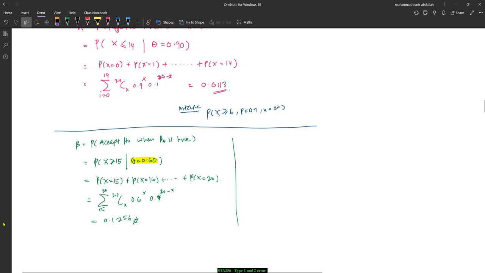Right, if you want to find in the statistical table, you can ingat ke sini, theta is 0.6. Dalam statistical table, there are no 0.6 and above. Right, they are until 0.5 only. So you need to use the complement. So it should be probability of, di sini ada balance lagi 5 kan? Balance lagi 5. So probability of X less than or equal to 5, and then the probability of success is 0.4, and then n should be equal to 20 lah, right?